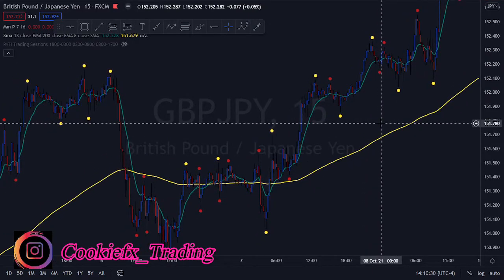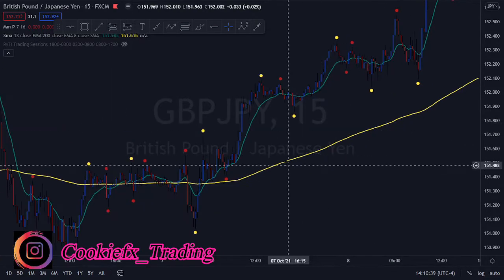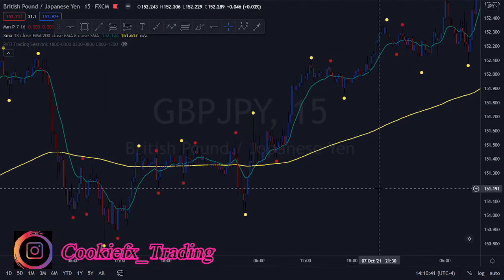Now let me say this too, I'm not against trading naked charts. By naked charts I mean no indicators, basing it straight off pure price action, just the candlesticks. But I believe indicators help us retail traders become more profitable.